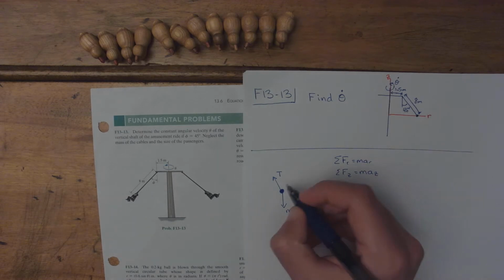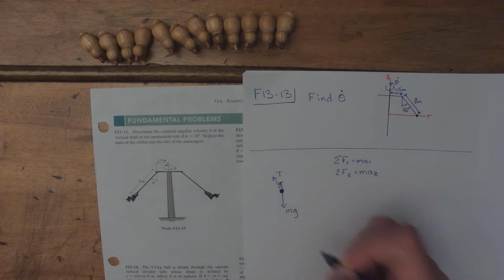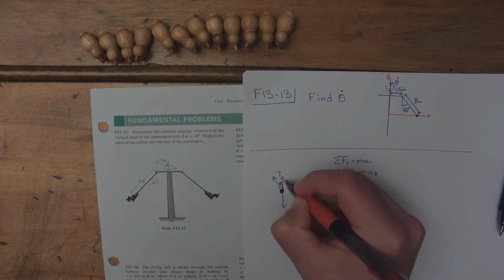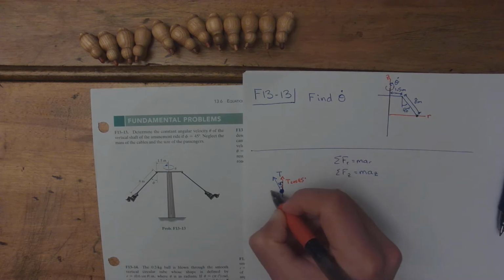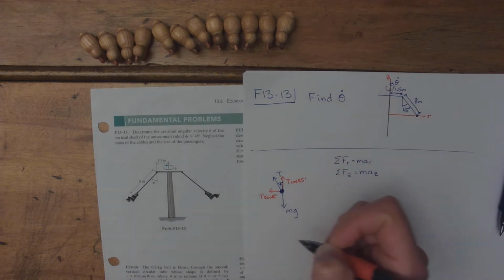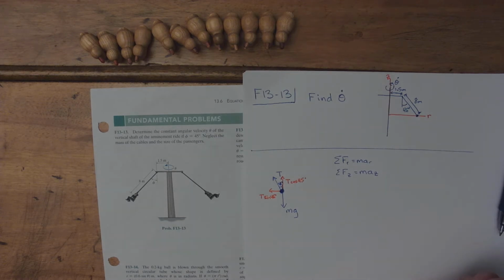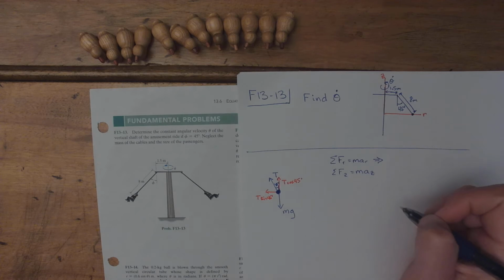I know this angle is 45 degrees, which means this angle is 45 degrees. This angle here is also 45 degrees. So if I break up this force into components, I have T times cosine of 45 degrees and T times sine of 45 degrees. Those components, though, are equal to each other because cosine of 45 degrees is equal to sine of 45 degrees.